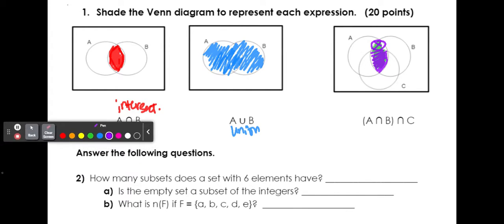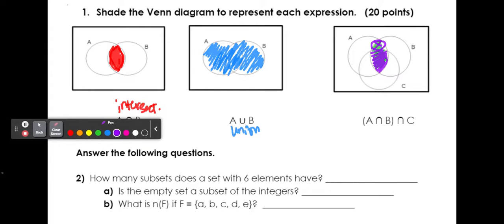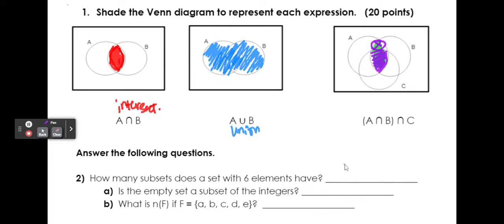All right, so how many subsets does a set with 6 elements have? This was the formula that tells us how many subsets any set has. This was the example we did in class.